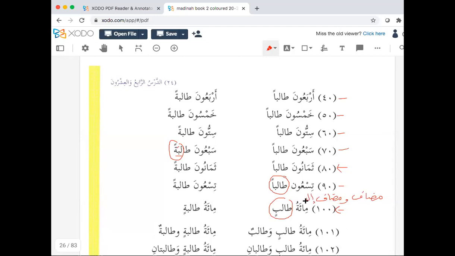Yes. أحسنت. مضاف ومضاف إليه, which means the mudaf is mi'atu, is only one dhamma and there's no alif lam. And talibin is majroor because it's mudafun ilayhi. Okay, that's the general rule of mudafun ilayhi.